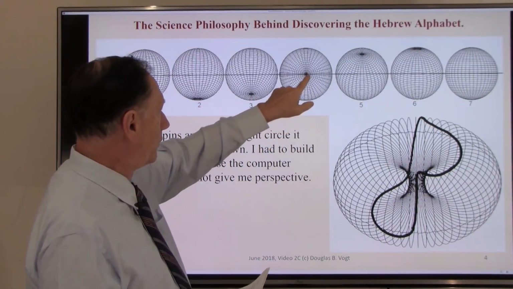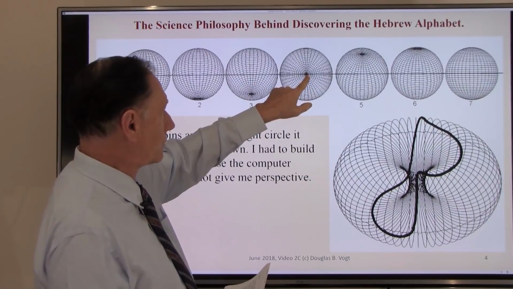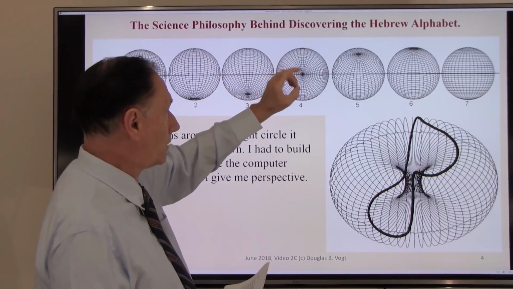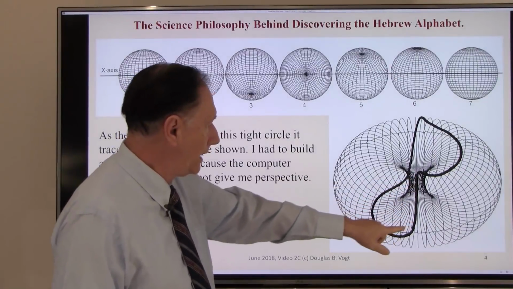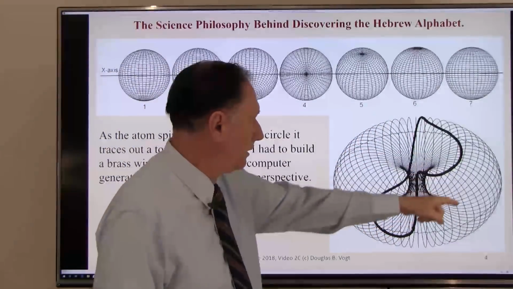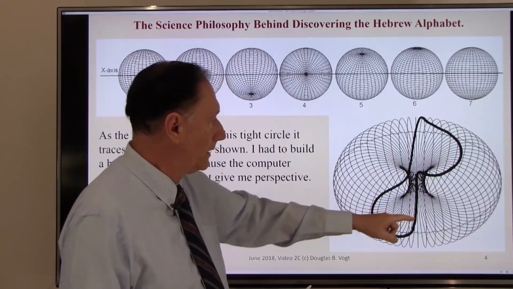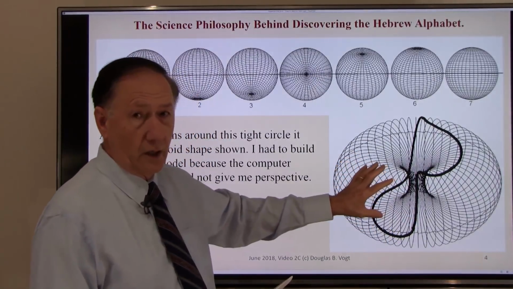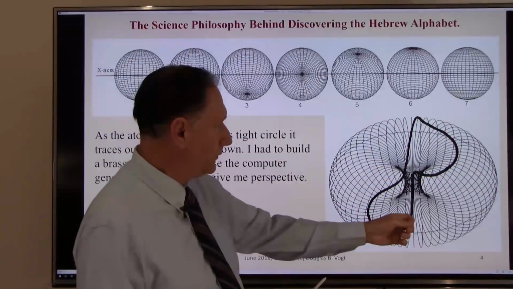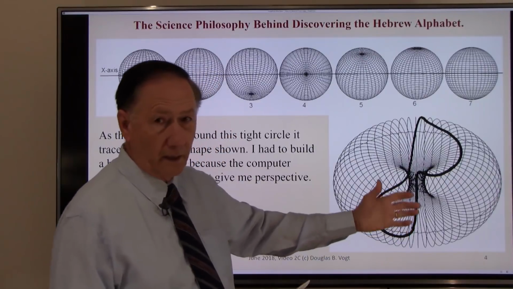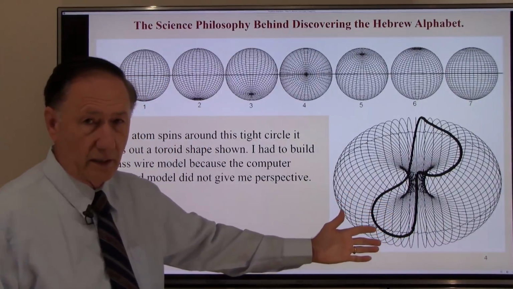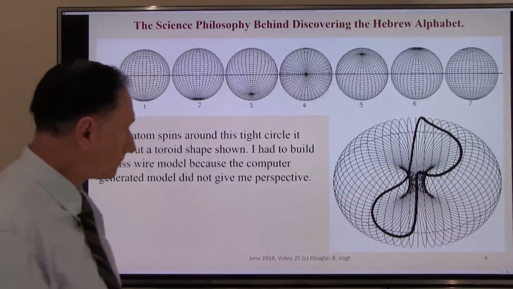And as it's flipped over, hits the x-axis and creates the matter in this world, it would trace out this thing as it goes around in a tight circle, tracing out a toroid shape. And 22 views of this toroid shape are the 22 letters of the Hebrew alphabet, as I showed.